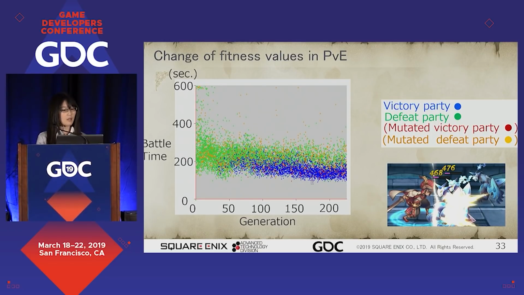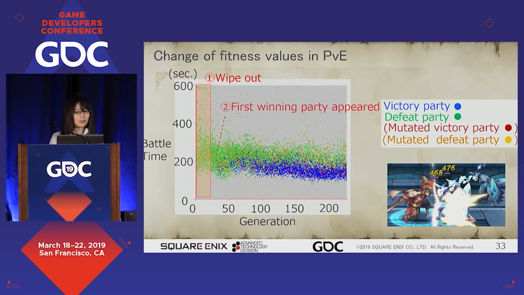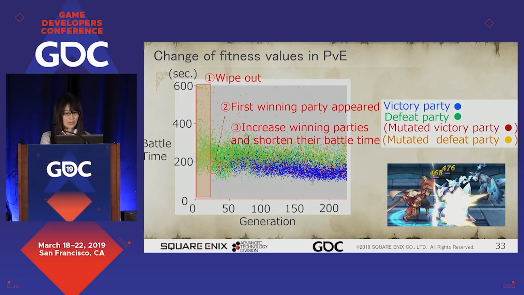At the beginning of the evolution, all parties lost their battles. After the first winning party appeared, the number of winning parties increases generation after generation, and the battle time decreases. PvE battles tend to be easy to win, so this party evolved without any trouble.